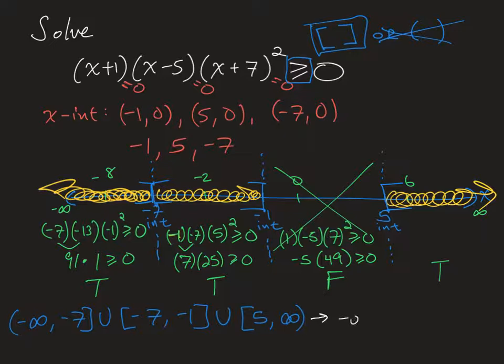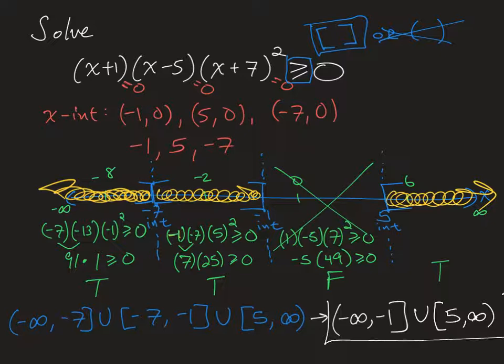We can just say it goes from -infinity to -1. And -7 is included in this interval too, so we can just shorten it. And it is recommended, nay, it is not recommended, it is required that you shorten it. So this would be the answer for this polynomial inequality above.